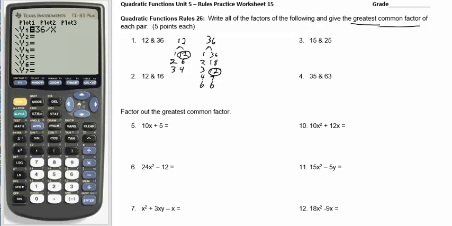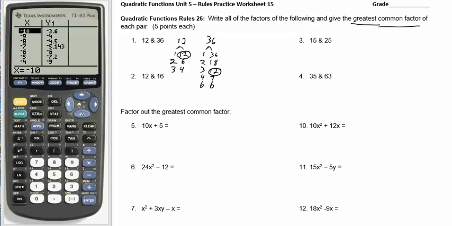If you go then into the table and start at 1, 1 goes into it 36 times, 2, 18, 3, 12, 4, 9, 6, and 6. And that's that same list that I was able to do. All right, and then you just have to look and see what is the largest number that goes into both of them, and you have your answer.